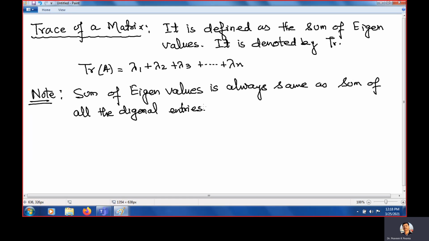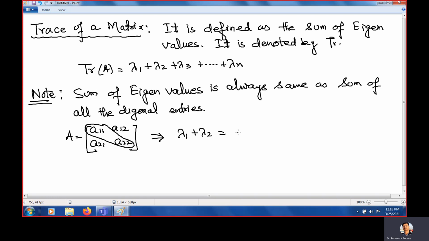Clear? That means if A is the matrix with entries A11, A12, A21, A22, what is the size of this matrix? It is a 2 by 2 matrix. A 2 by 2 matrix means there will be two eigenvalues, lambda 1 plus lambda 2, and it will be equal to the sum of diagonal entries.